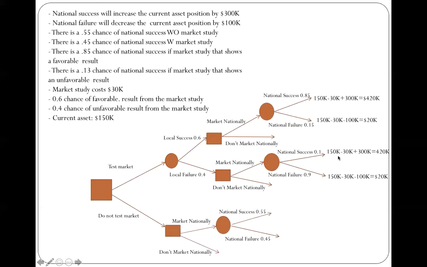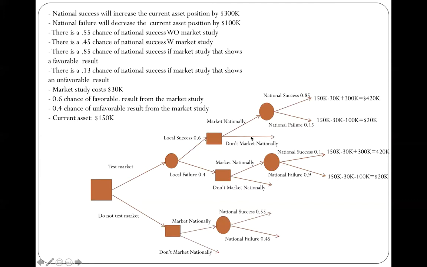So we start with 150K, we reduce 30K for the cost of local tests, and since we have observed national success, the value of their asset is going to increase by 300K. That's 420K. Okay. So how about this other terminal fork? Again, this is also a terminal fork because there is nothing coming out of it. So how about these two?